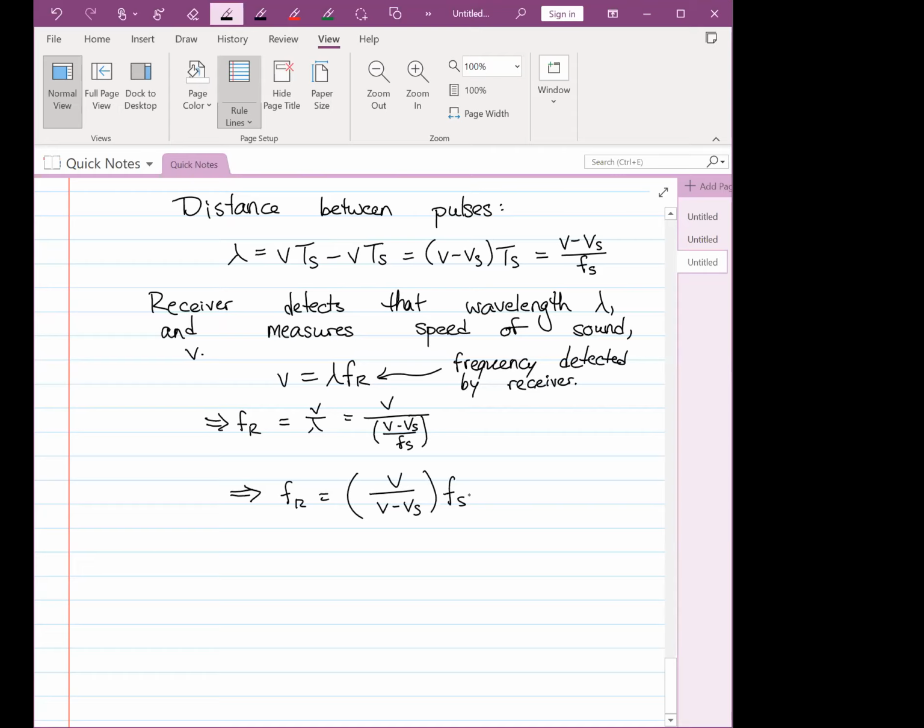So the frequency detected by the receiver when the source is moving towards the receiver changes. They hear a higher pitched sound. A higher pitched sound is a sound wave with a higher frequency. So when the source is moving towards the receiver, the sound they hear is higher pitched because the rate at which these wavefronts are hitting their ears is faster, as the distance between pulses is smaller.